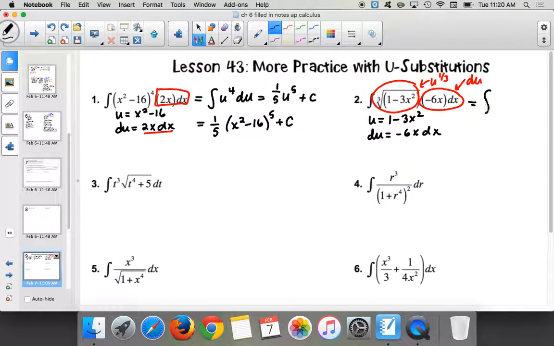So we rewrite, so we have u to the 1/3 du, and then we integrate. So we add 1 to the power, we do the reciprocal out front, so 3/4 u to the 4/3 plus c. So we end up getting 3/4 times 1 minus 3x squared to the 4/3 plus c. Done.